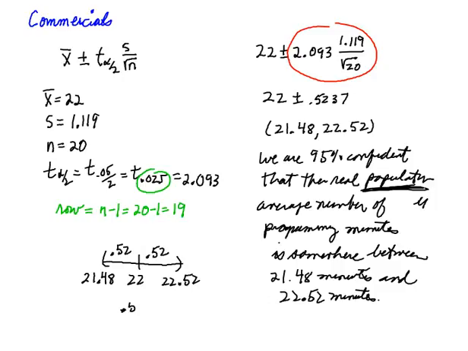And 0.52 minutes is approximately 31 seconds. So our estimate of the population average is 22 minutes, and we could be as much as about 30 seconds off from what the real overall population average is of all the half-hour sitcoms, and we only took from 20 of them.